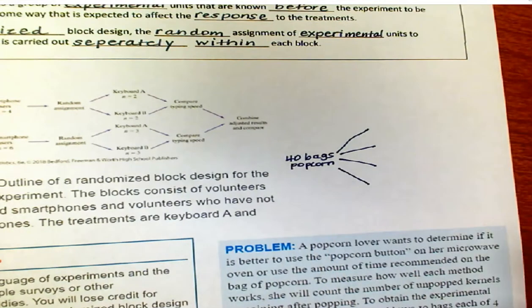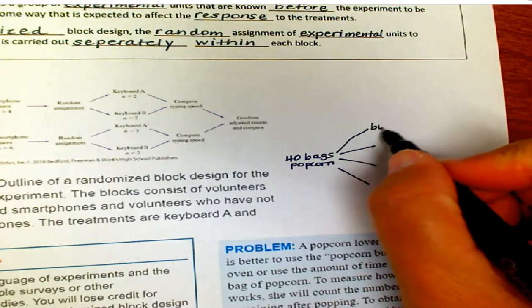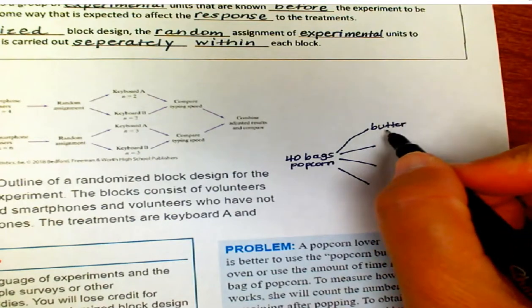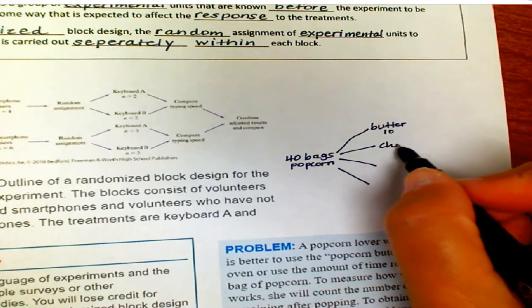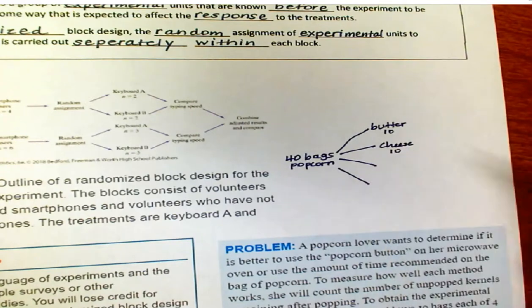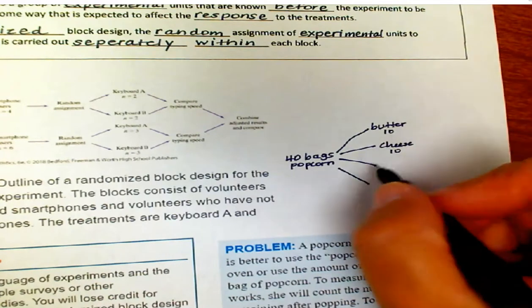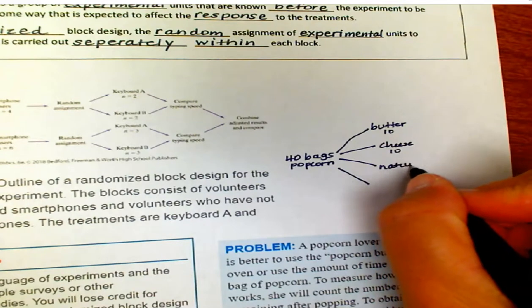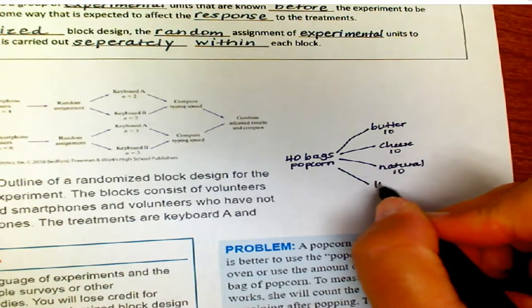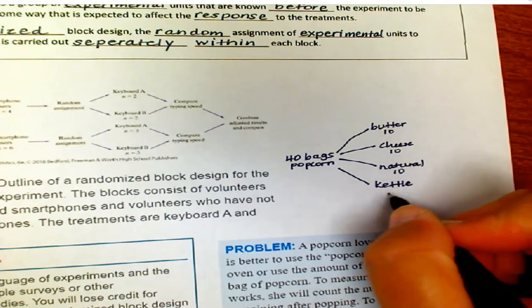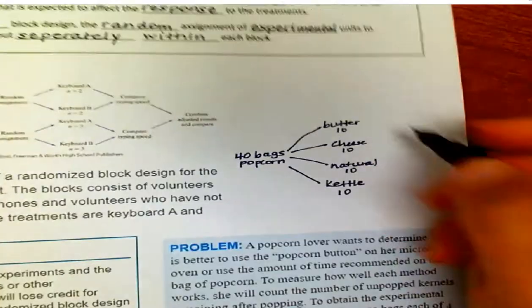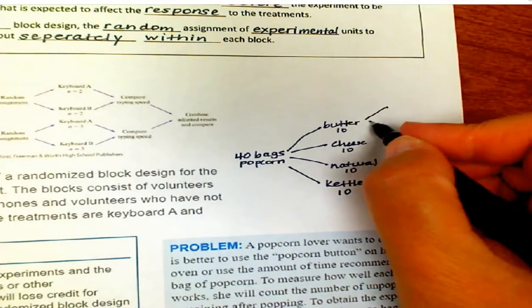The different varieties were butter, 10, cheese, 10, natural, 10, and kettle corn, 10.